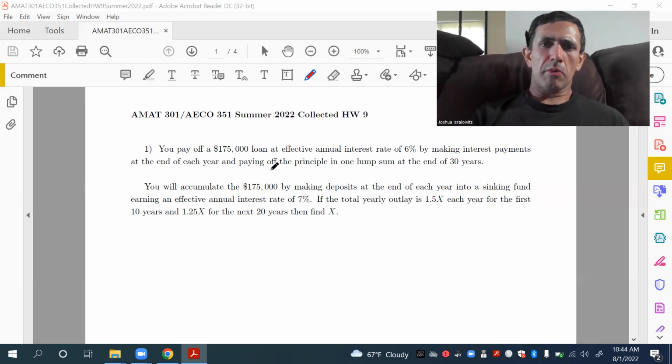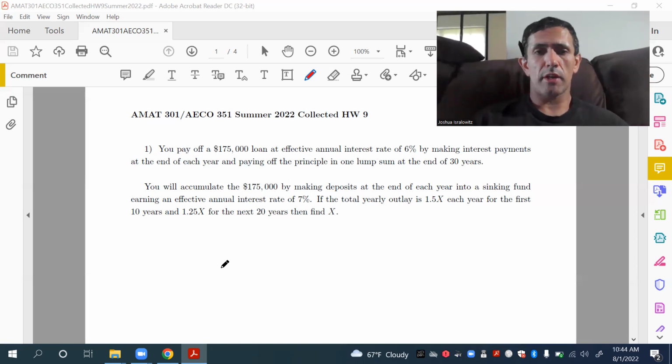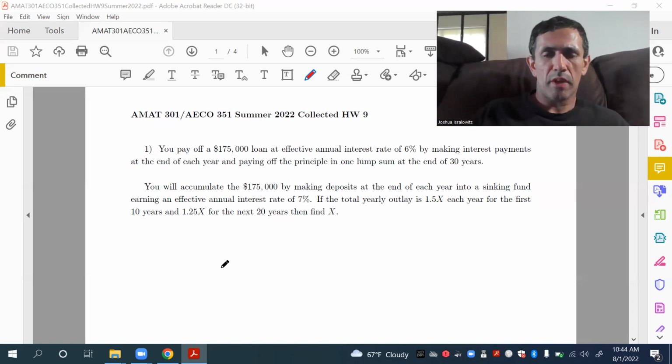All right, so you accumulate the 175,000, the principal that you need to pay off after 30 years, by making deposits at the end of each year into the sinking fund, earning 7%. So the total yearly outlay, which is sinking fund payments plus your interest payments, is 1.5x for each year for the first 10 years and 1.25x for the next 20 years. Find x.